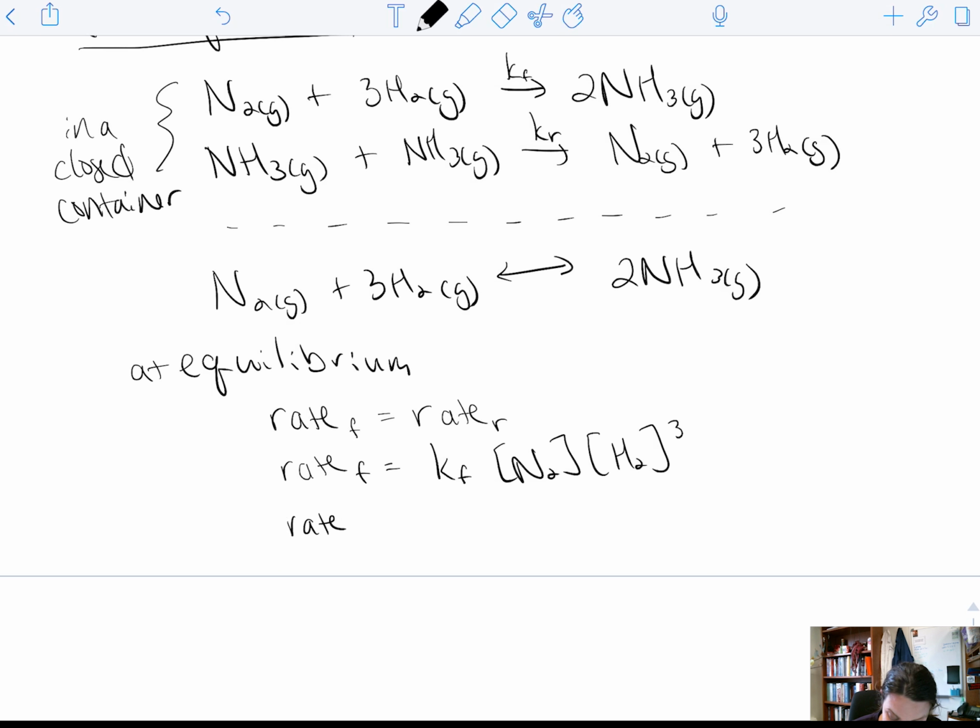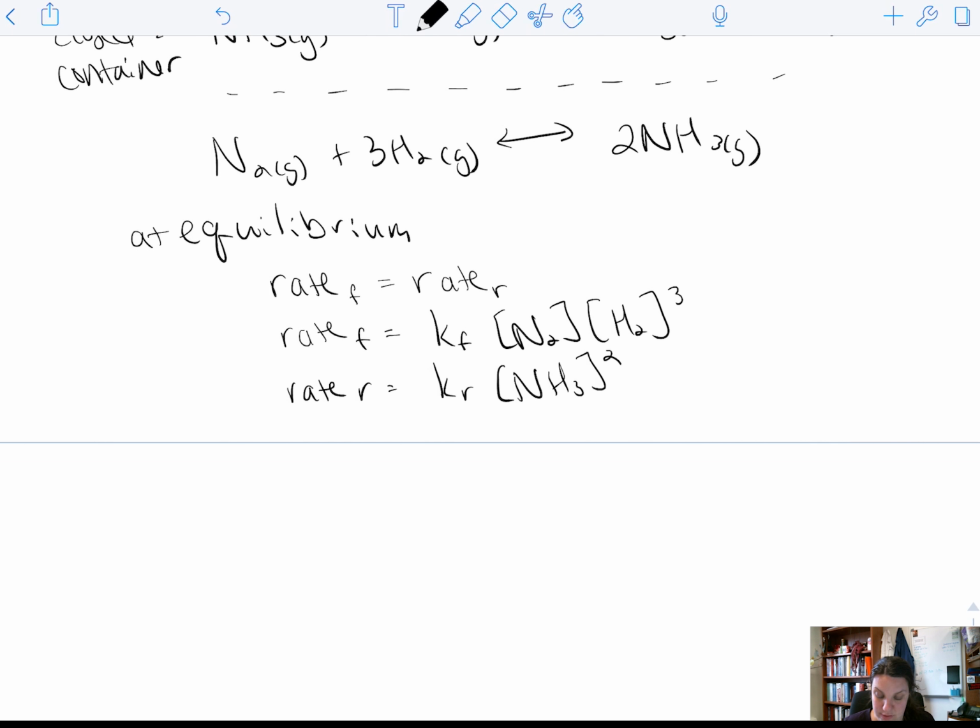And then the rate of our reverse is Kr [NH3]^2. So we would say that since the rate of our forward reaction and the rate of our reverse reaction are equal, the Kf and Kr expressions are equal.